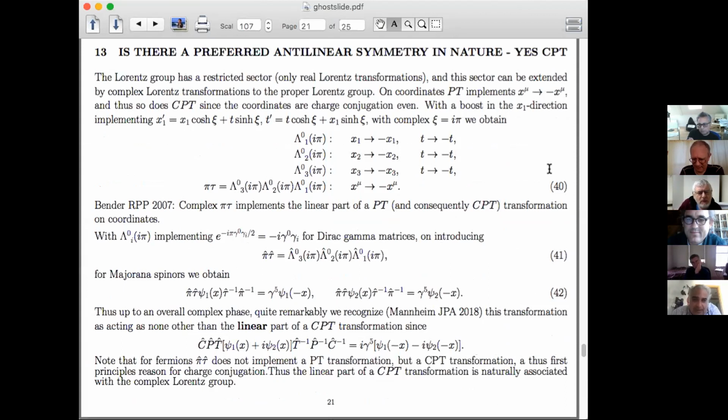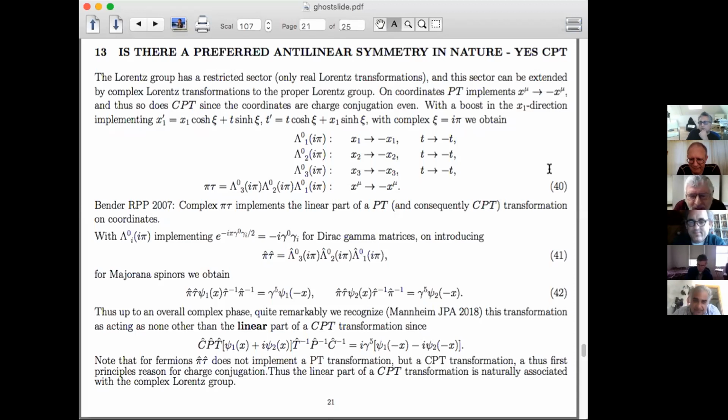No. Locality is not needed for CPT. It's needed for spin and statistics. Well, in the standard CPT, locality is one of the assumptions. Let me answer your question.